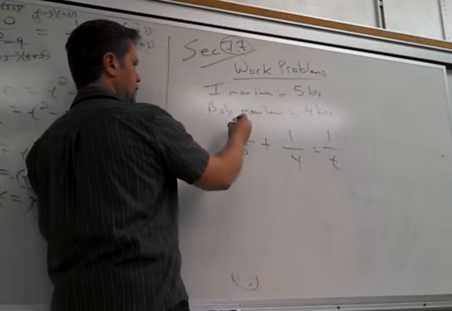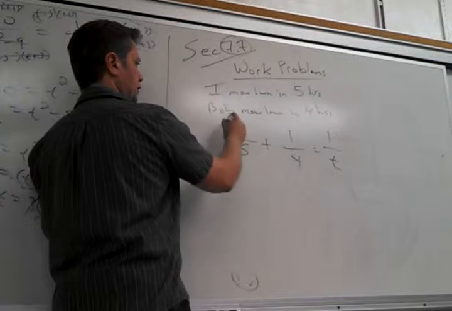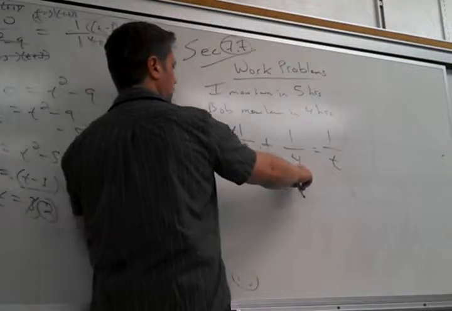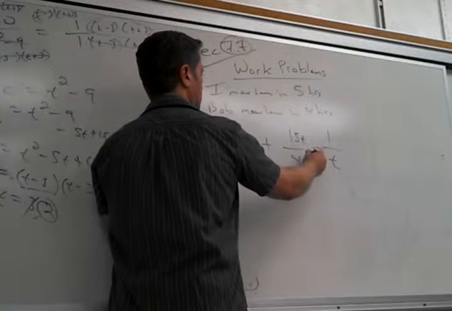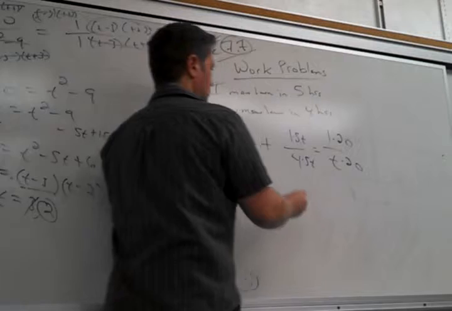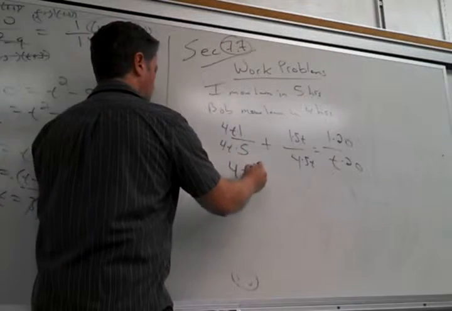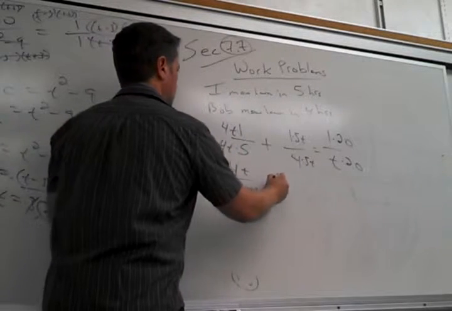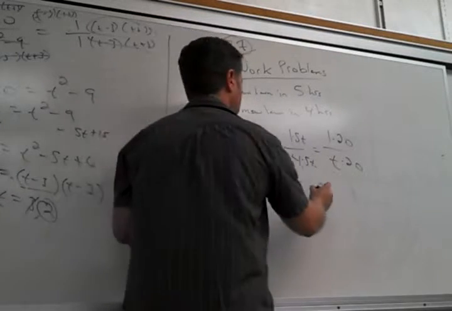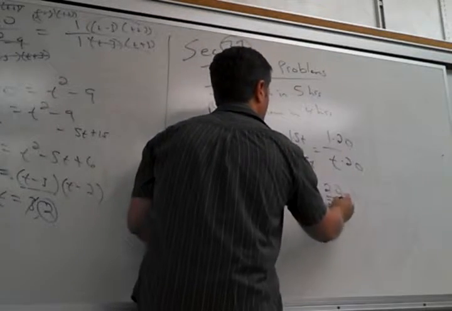20t, good. So the first fraction needs a 4 and a t, 4t. The other needs 5t, and the right side needs 20. So now let me do this out. I get 4t over 20t plus 5t over 20t equals 20 over 20t.